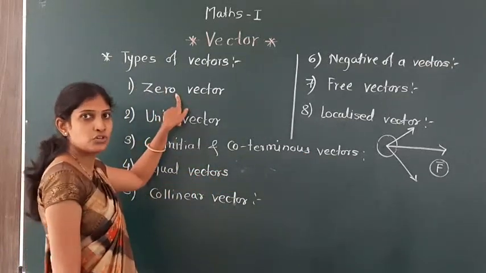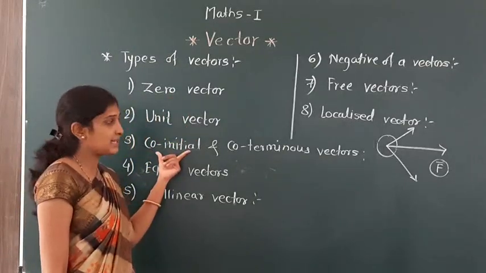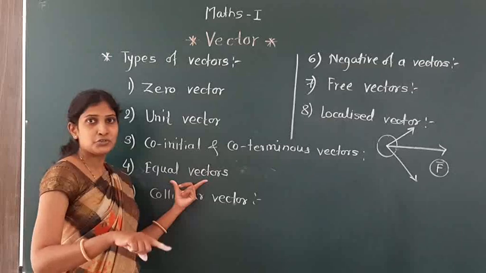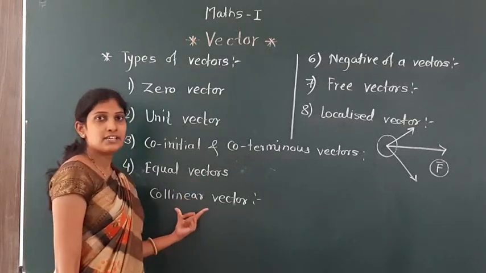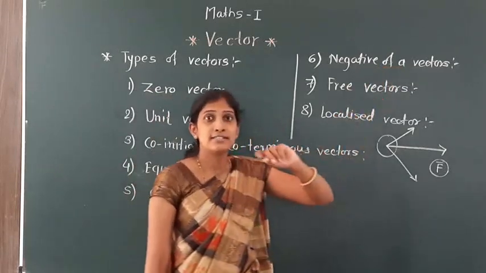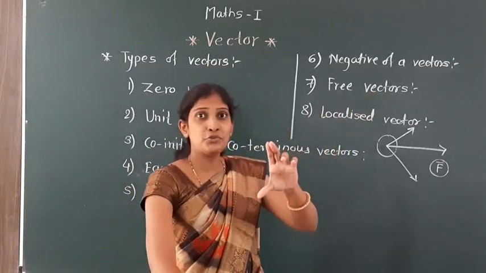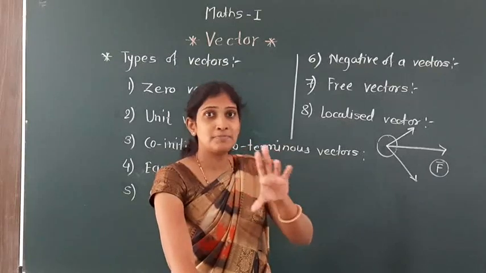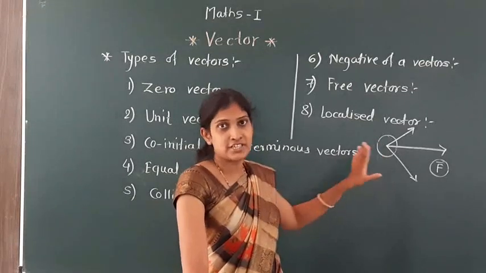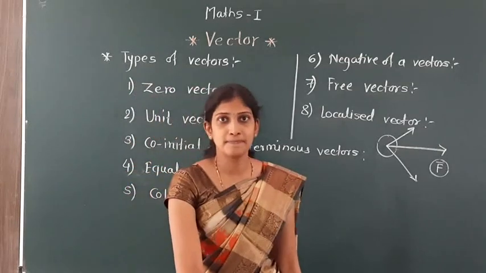Zero means magnitude is 0, unit vector means magnitude is 1 unit, co-initial means initial points are the same, co-terminus means terminal points are the same, equal vectors have equal magnitude and direction, collinear vectors are parallel or along with each other, negative of a vector has the same magnitude but opposite direction, free vectors have the same magnitude and direction but can be moved from one place to another, and a localized vector has its initial point fixed. These are the types of vectors.